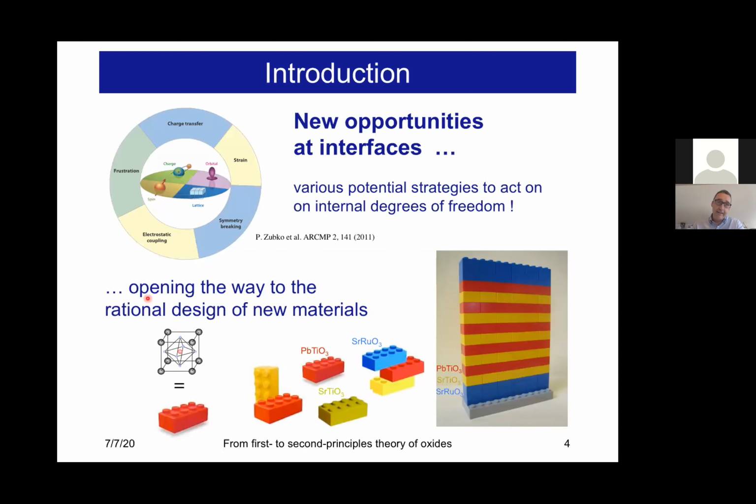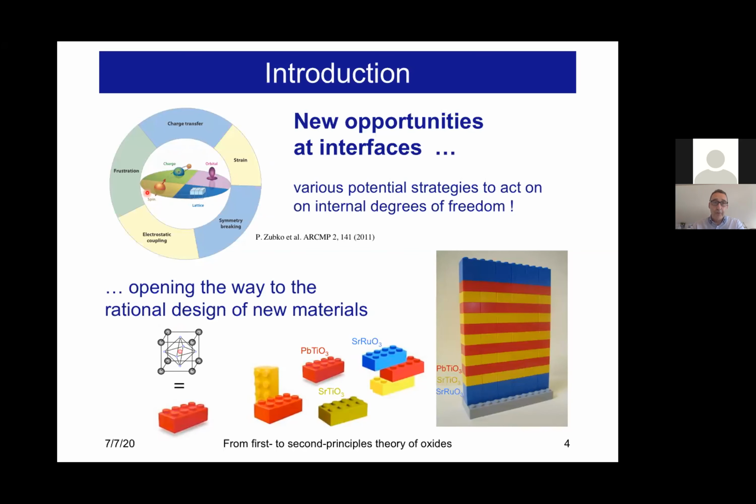And indeed, when you create such an interface, you can imagine that you will couple the different degrees of freedom that you have in your solid, like the lattice distortion, of course, the spin, the charge, the orbital.